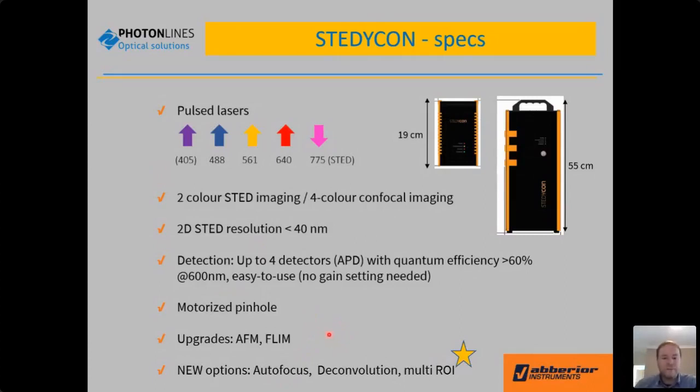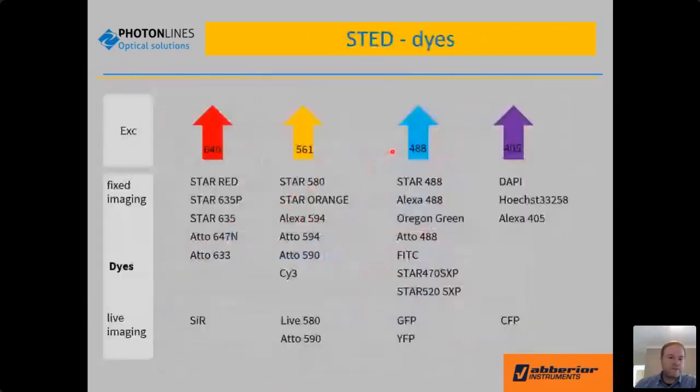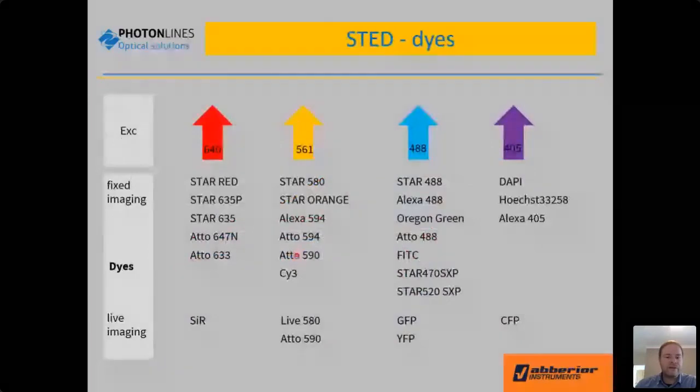As I said, the STED detectors are APDs, avalanche photodiodes, which have an outstanding detection efficiency in the red shifted region. And this is why you can basically use a lot of dyes for standard 2-color super resolution imaging, usually excited with 640 and 561.